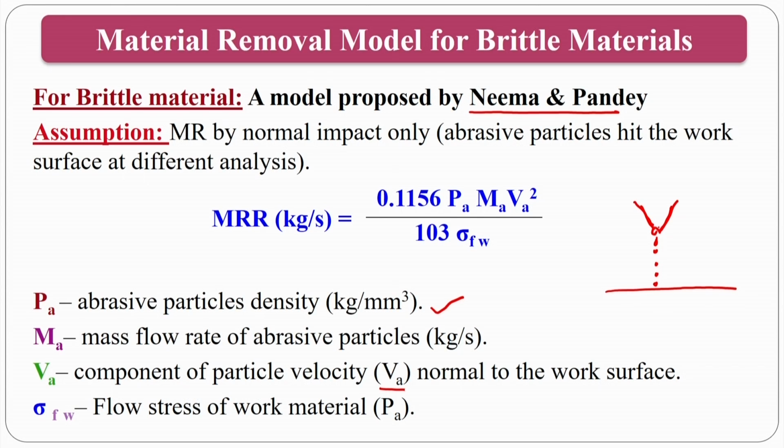And σFw is the flow stress of the workpiece material. These are the abrasive particles, and this is the nozzle. This is what Professor Pandey has proposed for brittle materials.